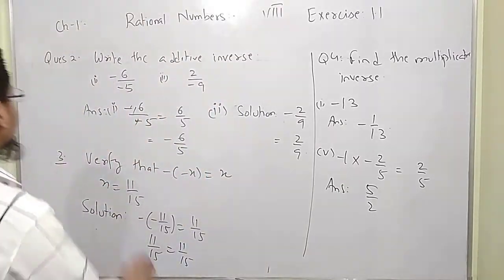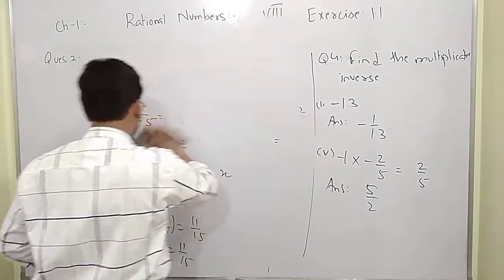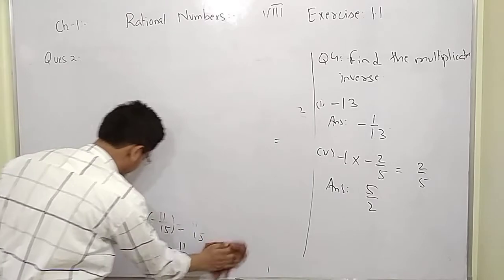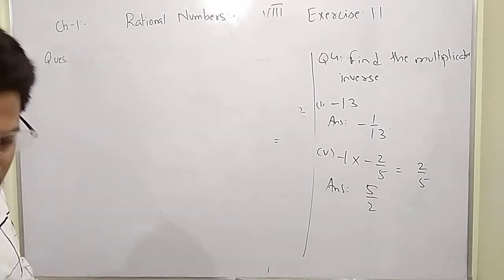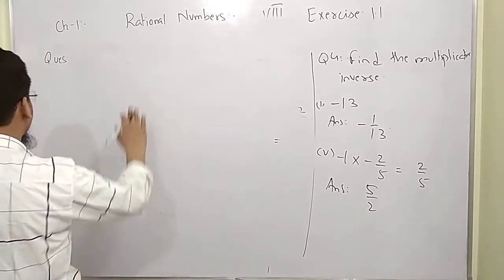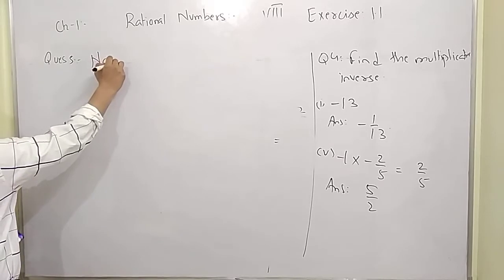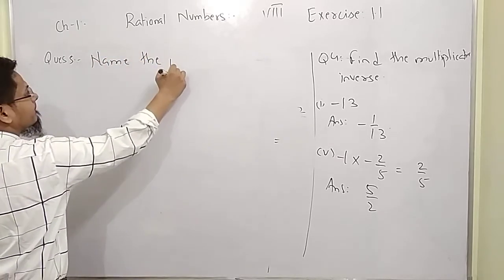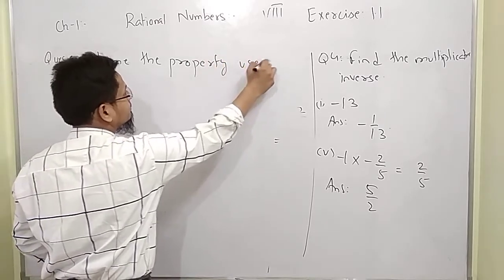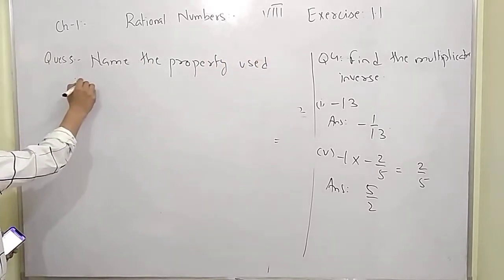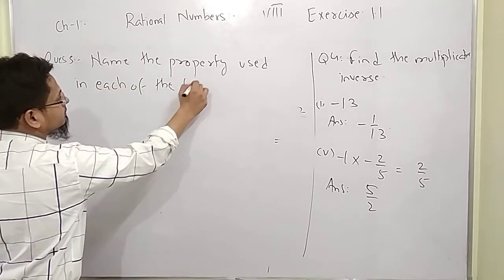So for this one, you see, question number 5: name the property used in each of the following.